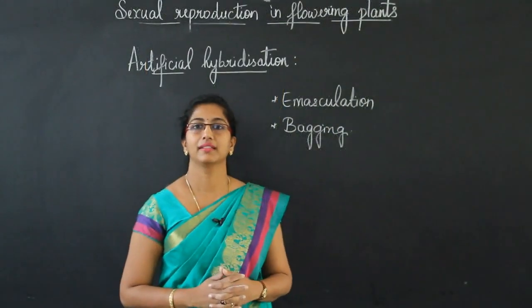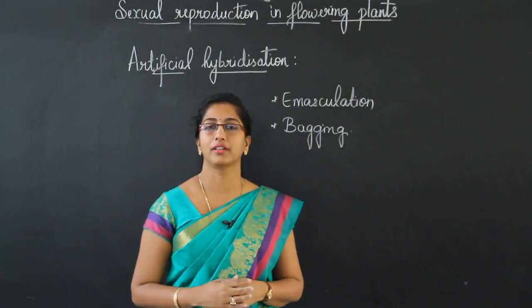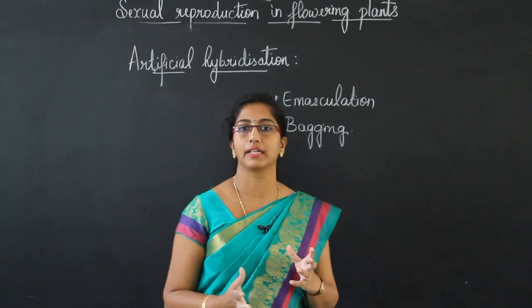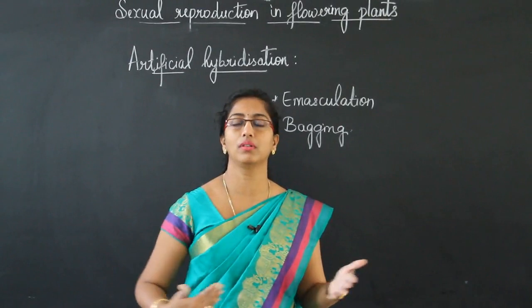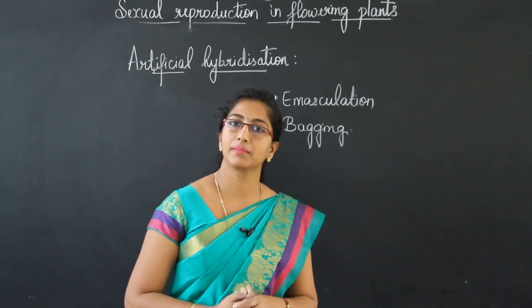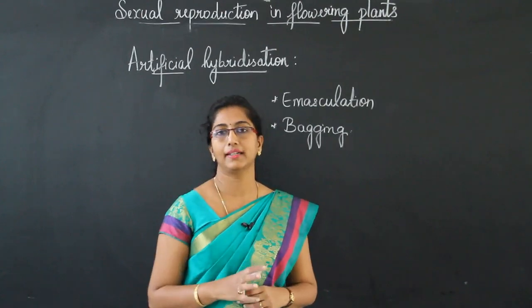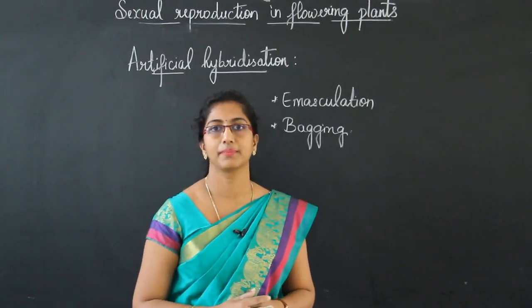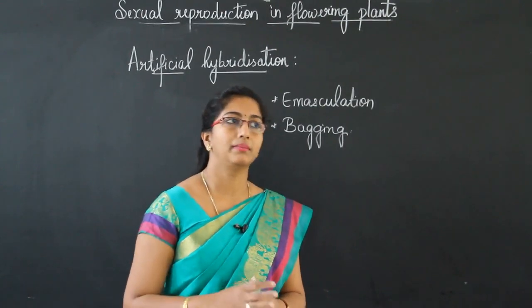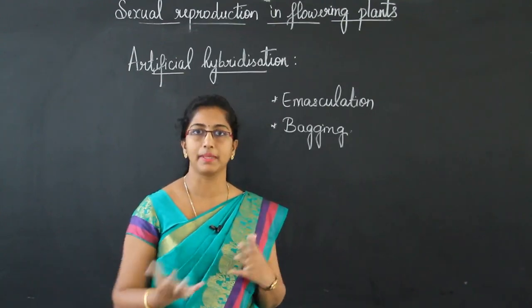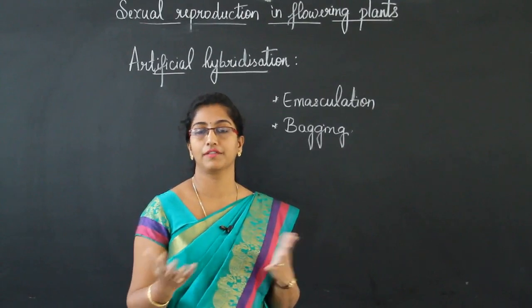After getting the whole information about pollen pistil interaction, about the different chemical components, it has been used in plant breeding. You will study that in detail in the further chapters. A plant breeder will be trying to cross different plants of different species or even different genera.